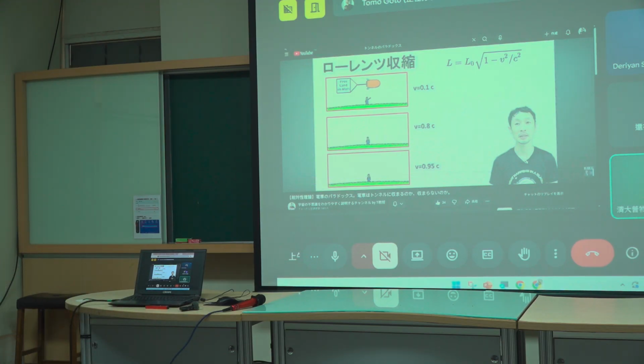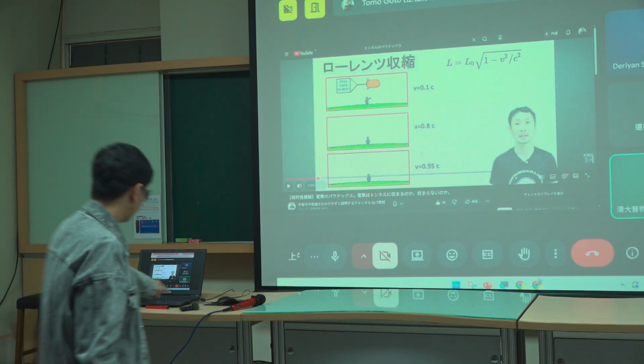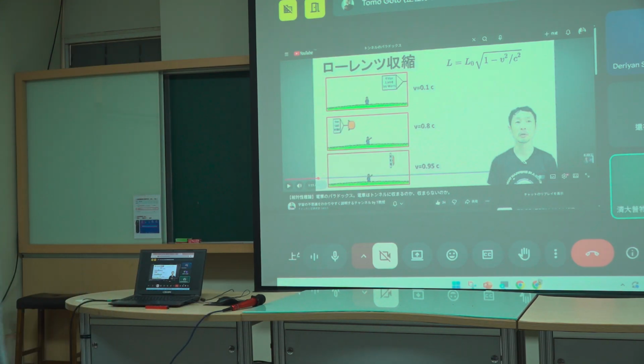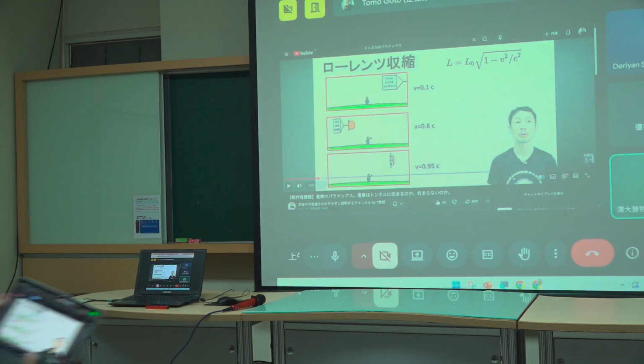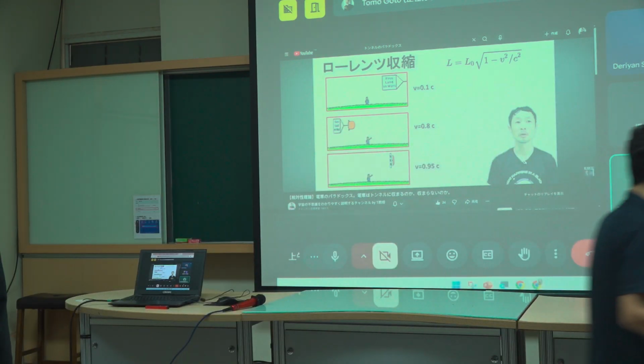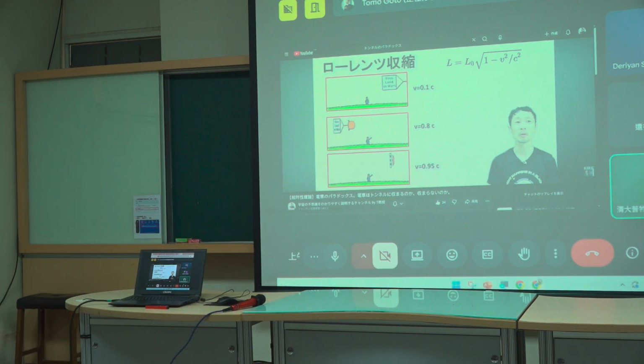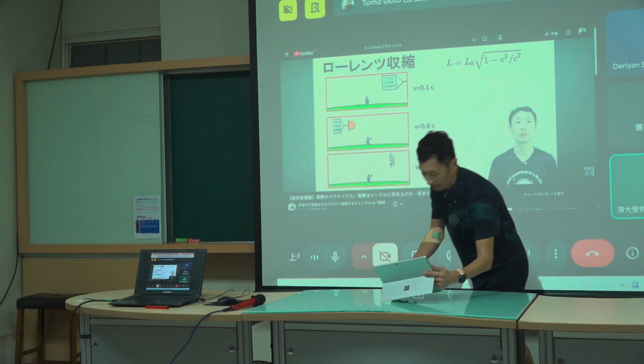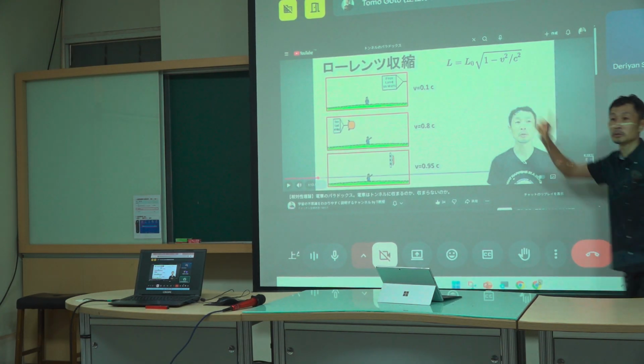So the topic is Lorentz contraction. Have you heard of this train paradox? Have you heard of Lorentz contraction?